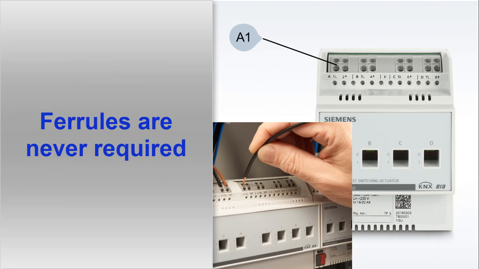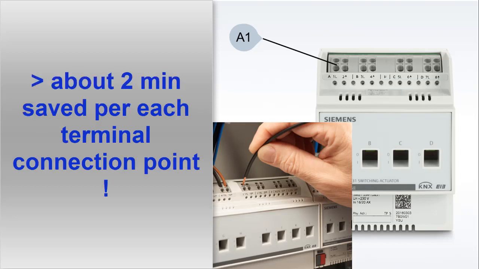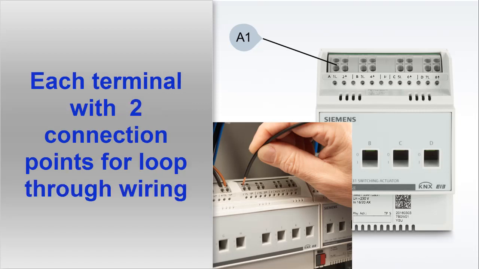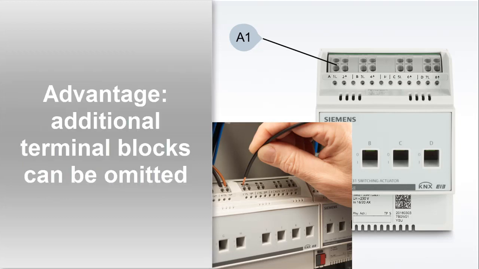Ferrules are not required for stranded or multi-core conductors. About 2 minutes installation time saved per terminal connection point. Per output with a phase terminal with 2 terminal connection points for loop-through wiring of the phase. Additional terminal blocks can be omitted.